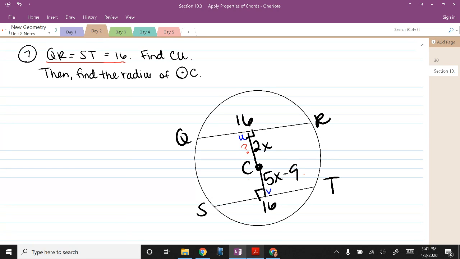Well, since both of those chords, QR and ST, are both 16, that means that they're equidistant to the center. So that means that CU is going to be the same length as CV. So that means I can set 2x equal to 5x minus 9. Well, I'm going to get my x's together, subtract 5x.